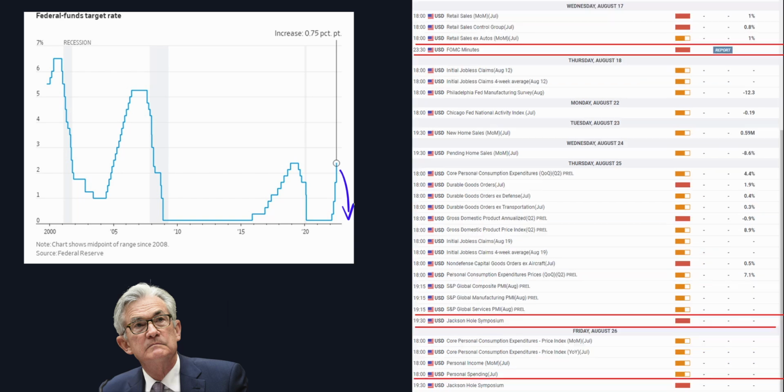then the next thing is FOMC minutes, and last is the Jackson Hole meeting. And before that meeting the CPI will decide what the Fed will say, and this will decide the current gold trend. If CPI drops, then it will break 1786.